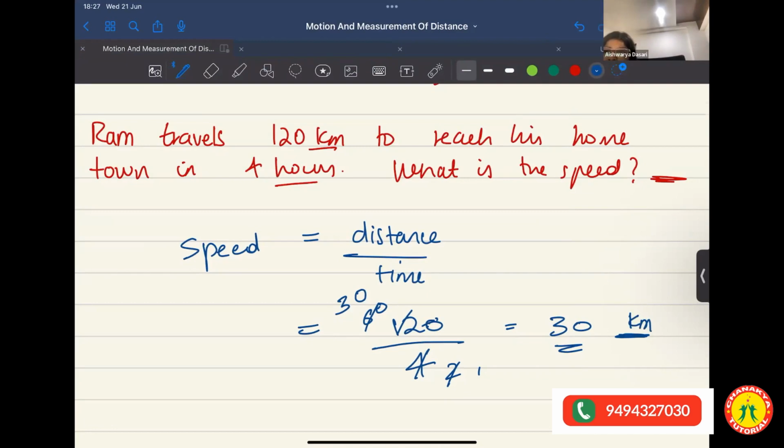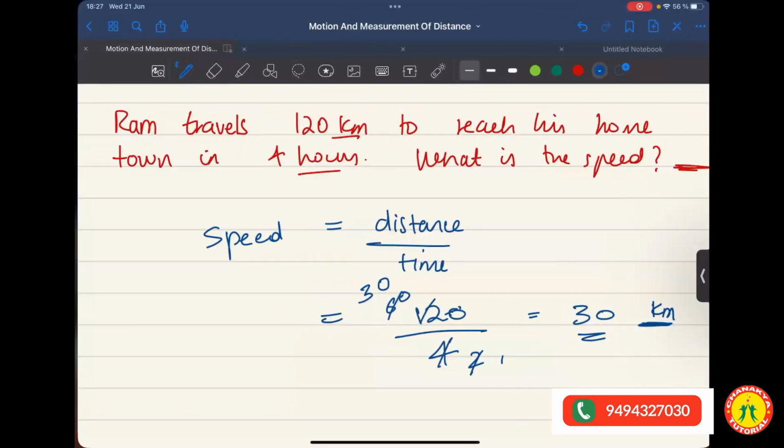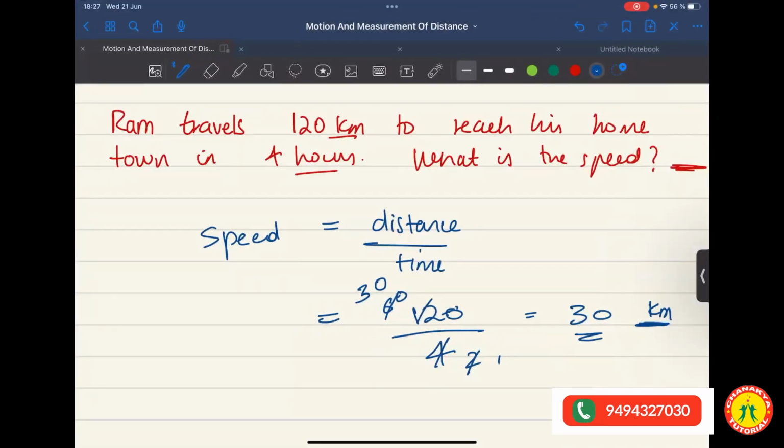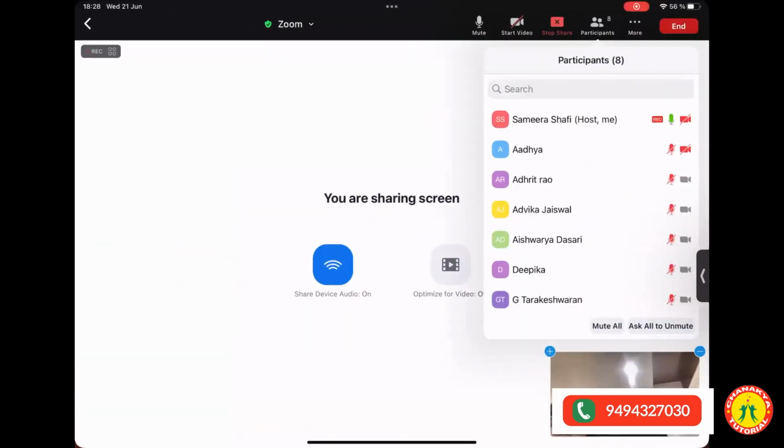Okay. Tarakeshwaran, tell me if Aishwarya's answer is correct. I think it's correct.